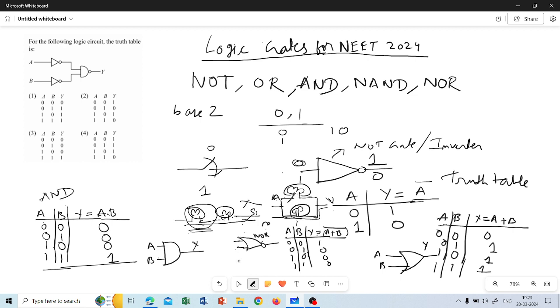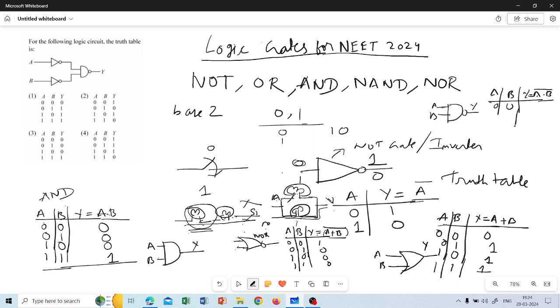Similarly, I can write for the NAND gate also. The NAND gate is nothing but an AND gate followed by an inverter, or NOT gate. So this is the symbol, A, B and Y. The truth table is A, B and Y, where Y is equal to A into B, A dot B, whole complement, whole bar.